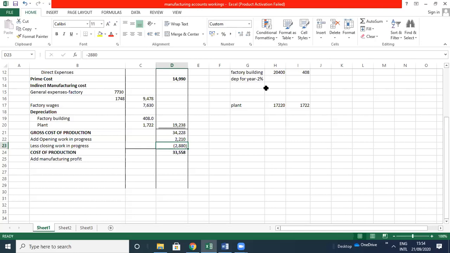Let me see. Manufacturing based on the transfer price to the warehouse. 10% of the trading gross profit. So here we are looking at 25% of manufacturing profit. 25%.